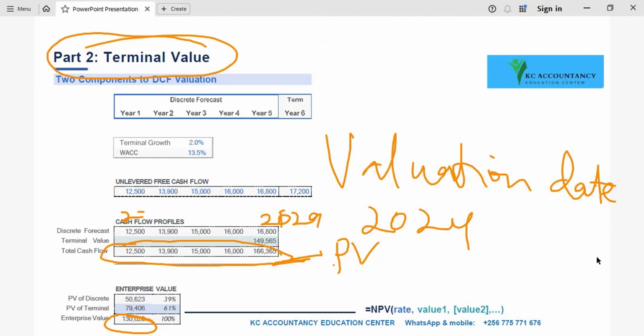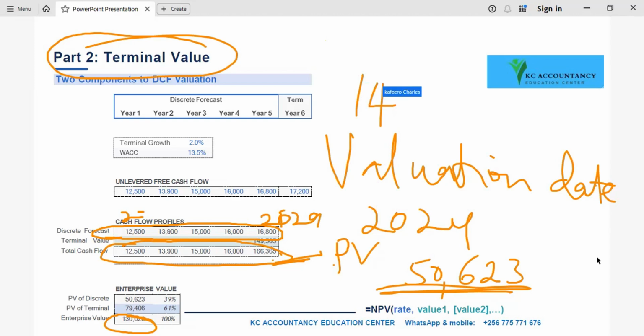But remember, we had already discounted the first ones, the discrete ones, and they gave us 56.23 US dollars. So the issue here is that if we discount this one, the 149,565, back to the present, we get this figure here, which is 79406.